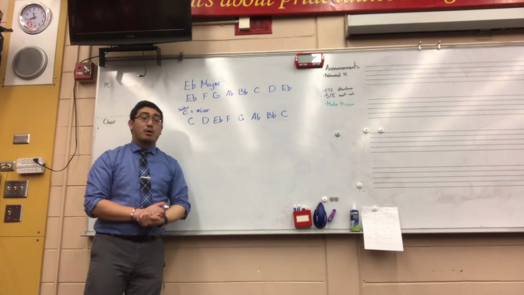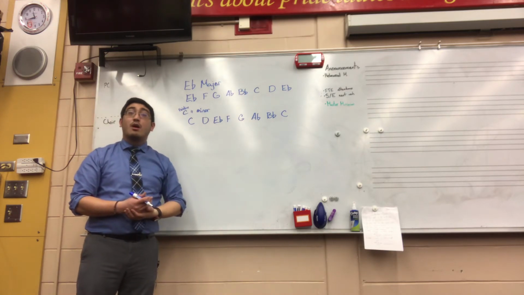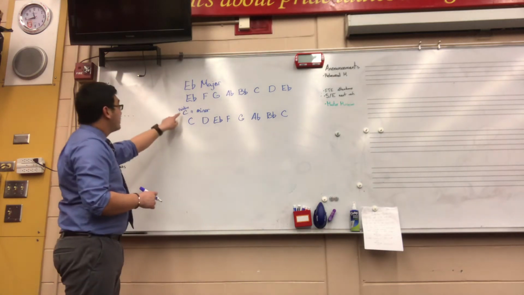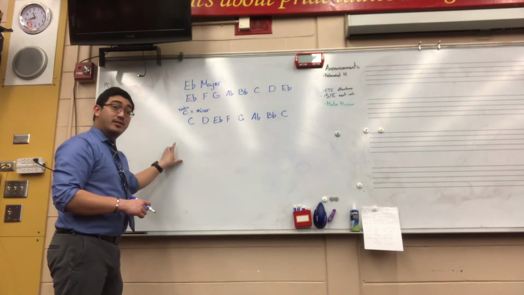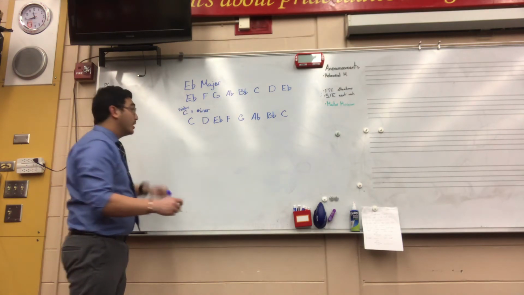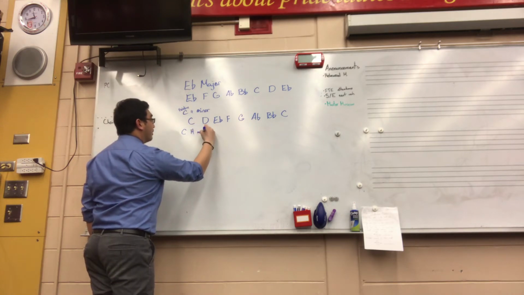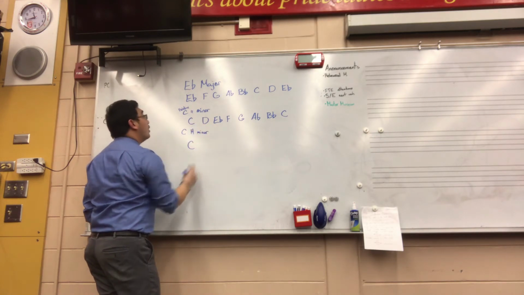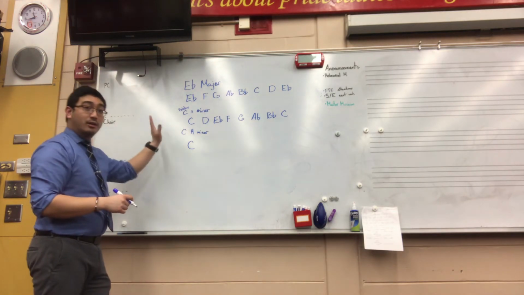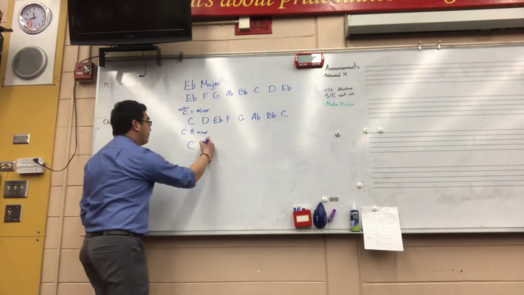The next form of minor scales is your harmonic minor. Since we are still working with relatives, we are going to start on C. So this is the C harmonic minor. We're going to copy the natural minor and just copy paste it.